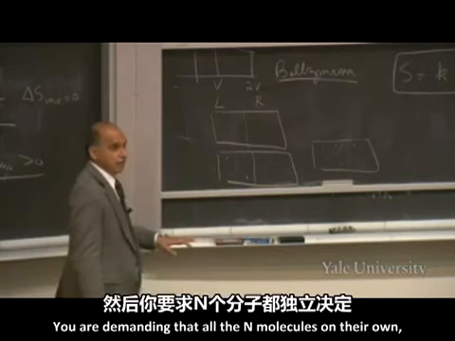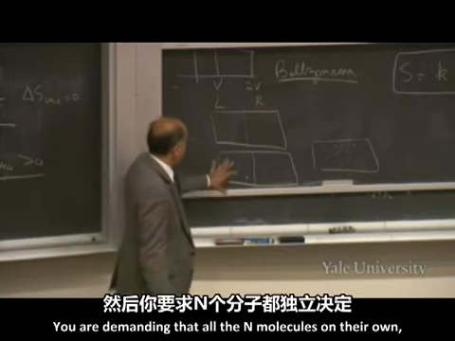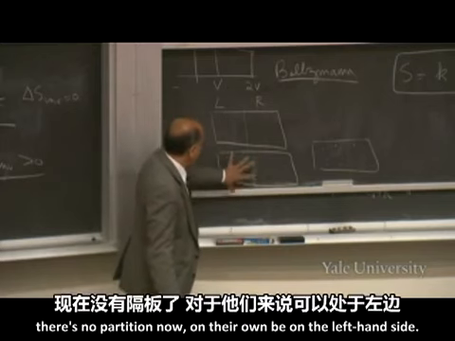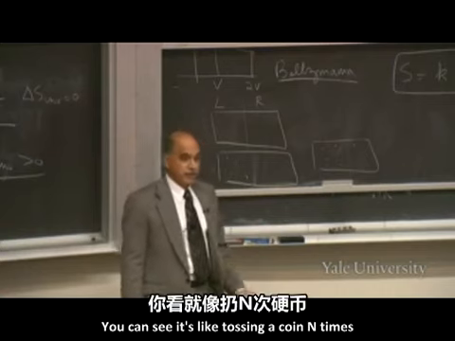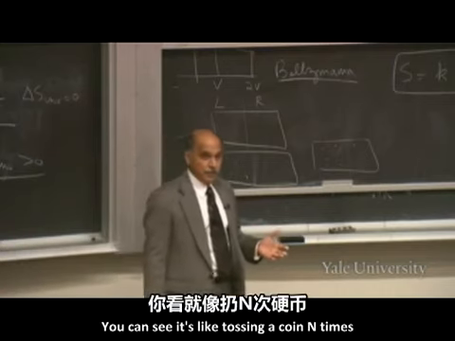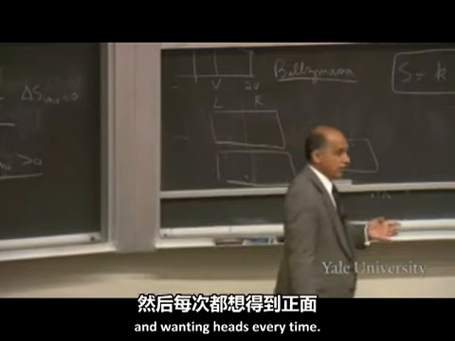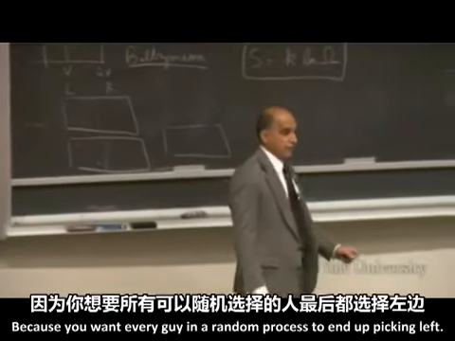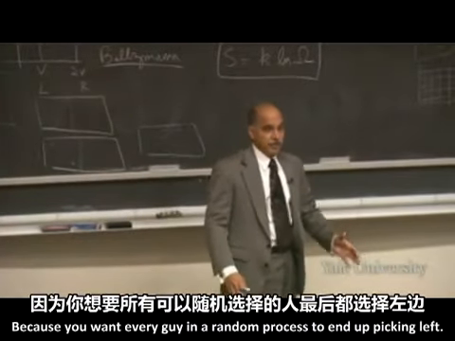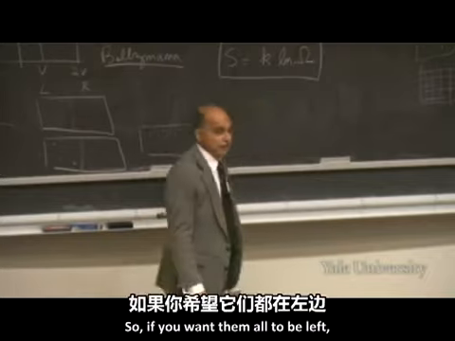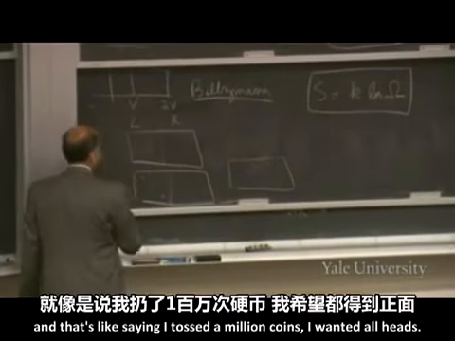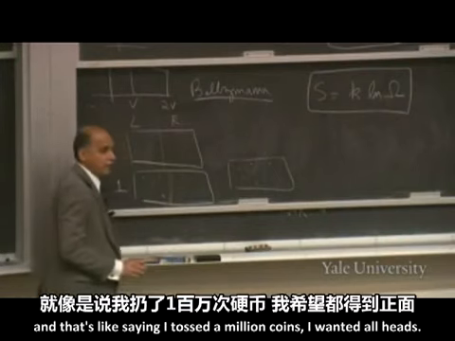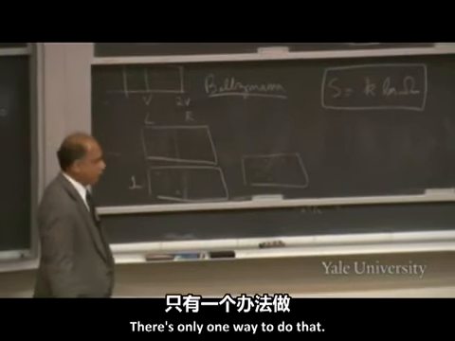You are demanding that all the n molecules on their own, there's no partition now, be on the left-hand side. You can see that it's like tossing a coin n times and wanting heads every time, because you want every guy in a random process to end up picking left. So if you want them all to be left, there's only one way to do that, and that's like saying I tossed 1,000,000 coins, I wanted all heads. There's only one way to do that.